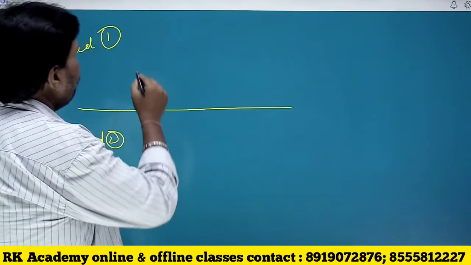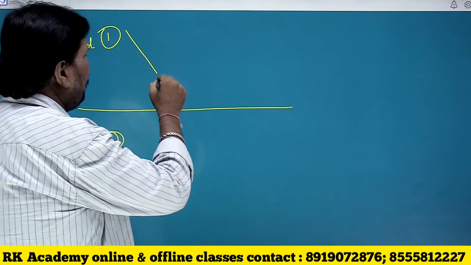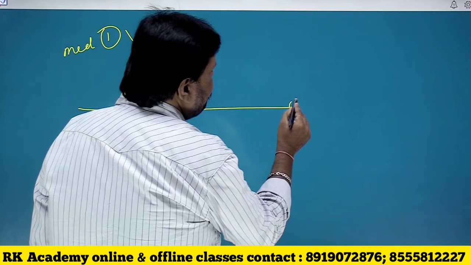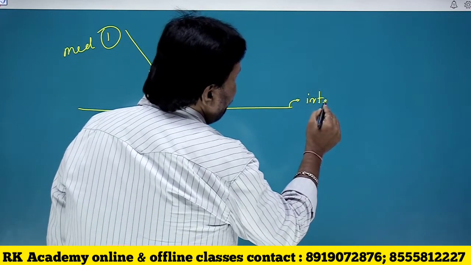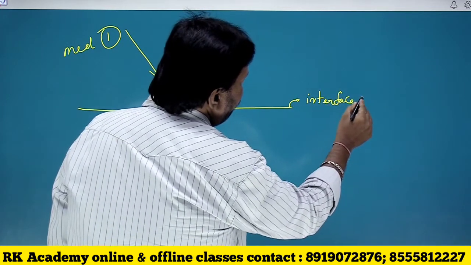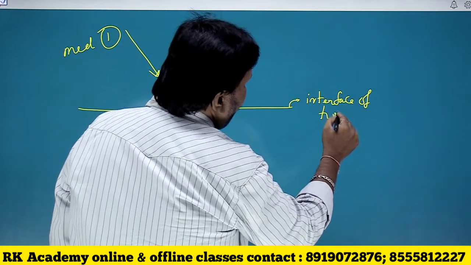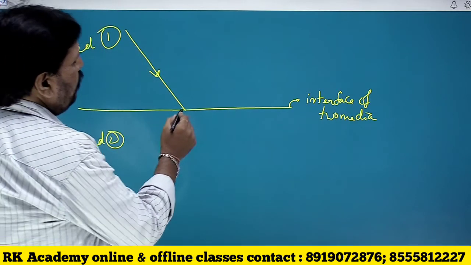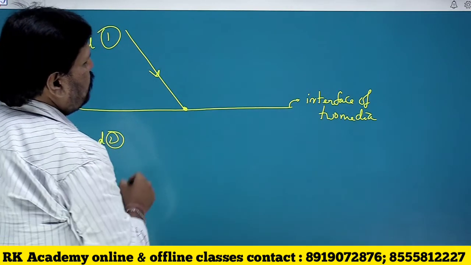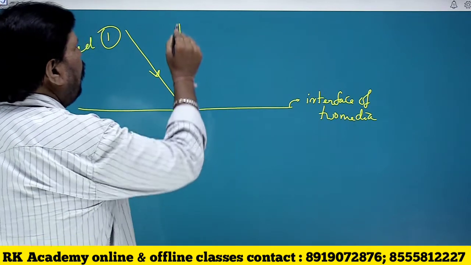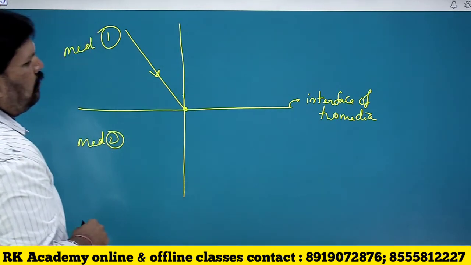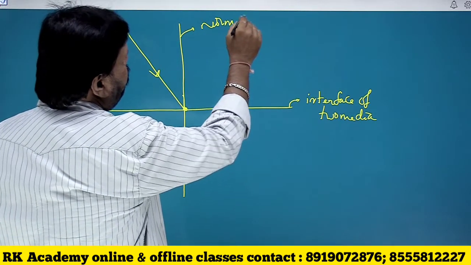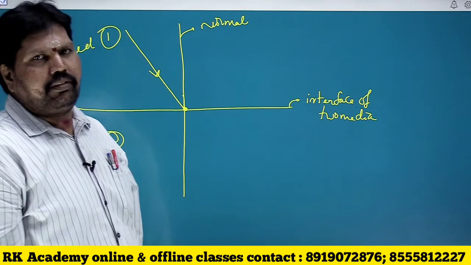Then when you make a light ray incident on the interface, this is known to be the interface of two media. At this point on the interface, when you draw a perpendicular line through that point, this is known to be the normal.